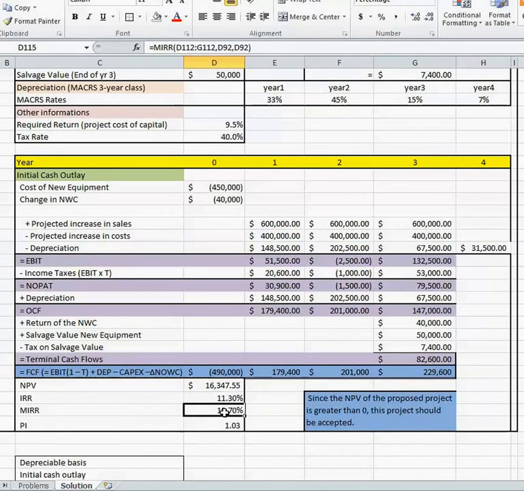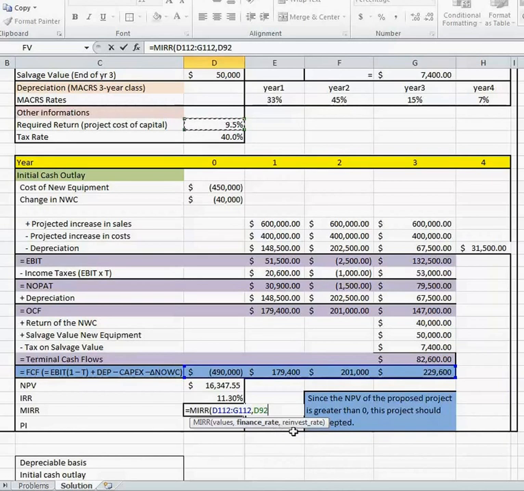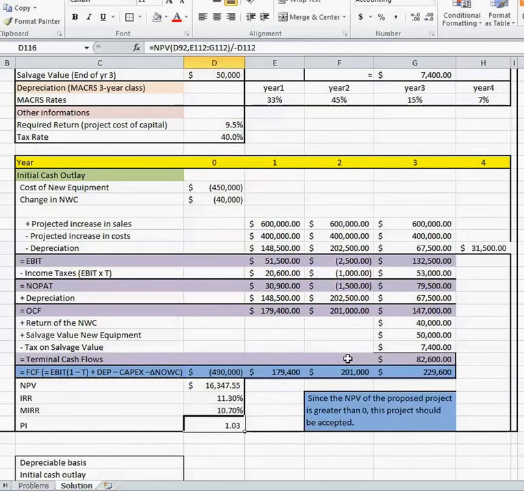If you want to do the modified internal rate of return, it's the same and easy. Here MIRR, you select the values, and then select the finance rate, which is basically the required rate of return, and we assume your reinvestment rate is also the same as the cost of capital. Then you close the parenthesis, so we have 10.7%.